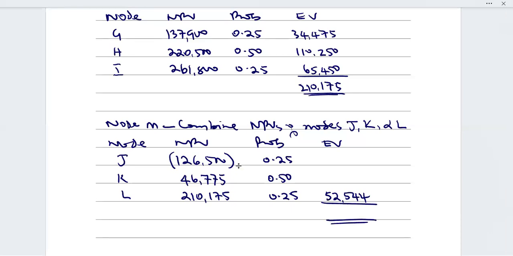Then 46,775 multiplied by 0.5 is 23,388. Then 126,500 multiplied by 0.25, negative 31,625.